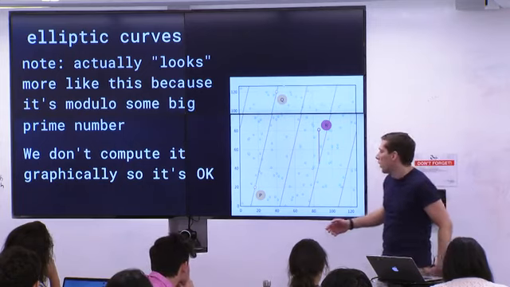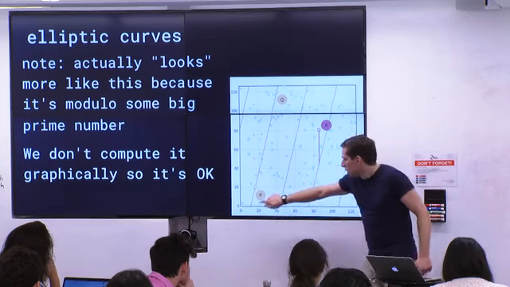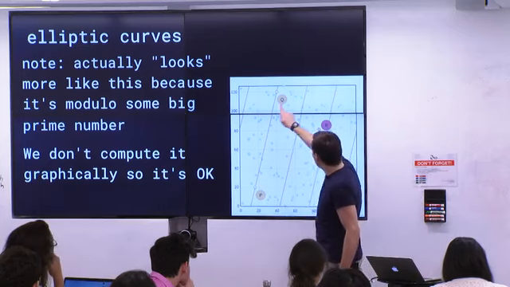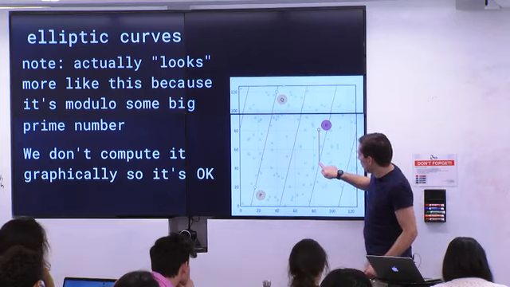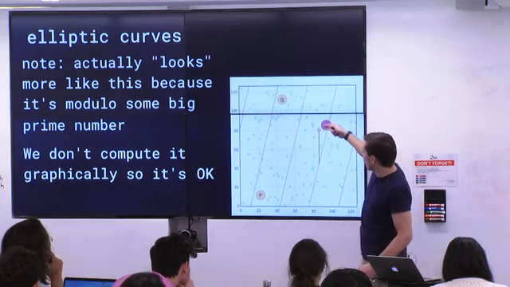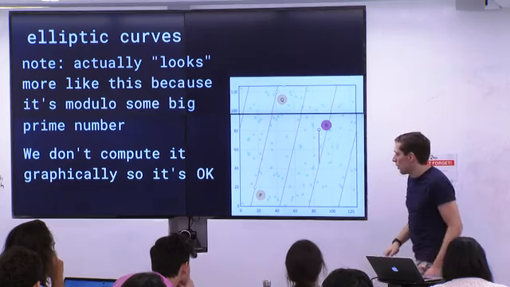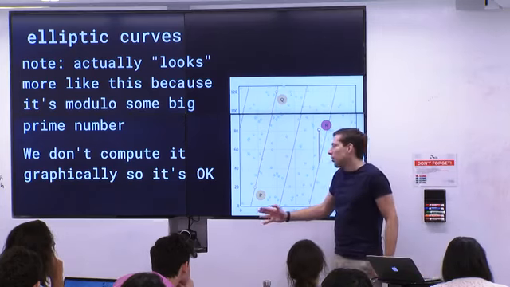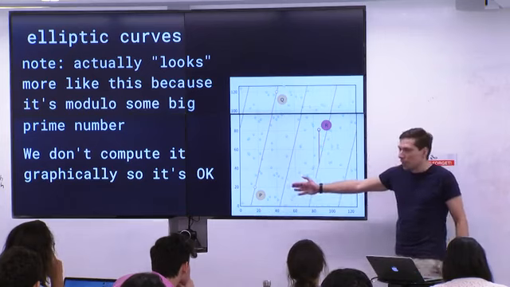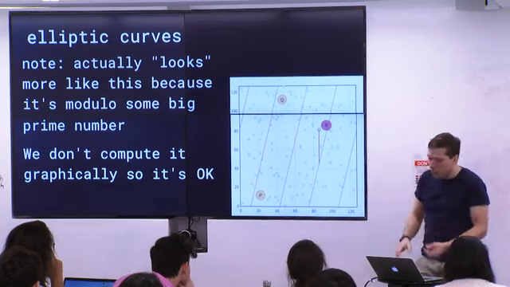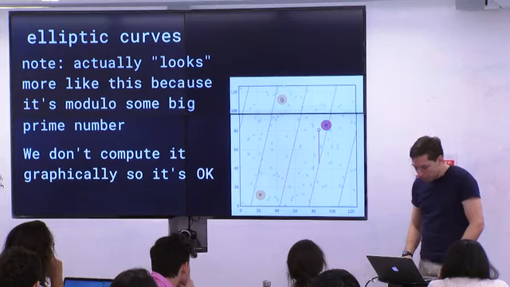So same with this: you draw a line between P and Q, and you get to here, and then you flip over the y-axis, and now this is R. Similarly, you can take a tangent, although the tangent is harder to see visually because there's no obvious curve here. But the equations work the same.